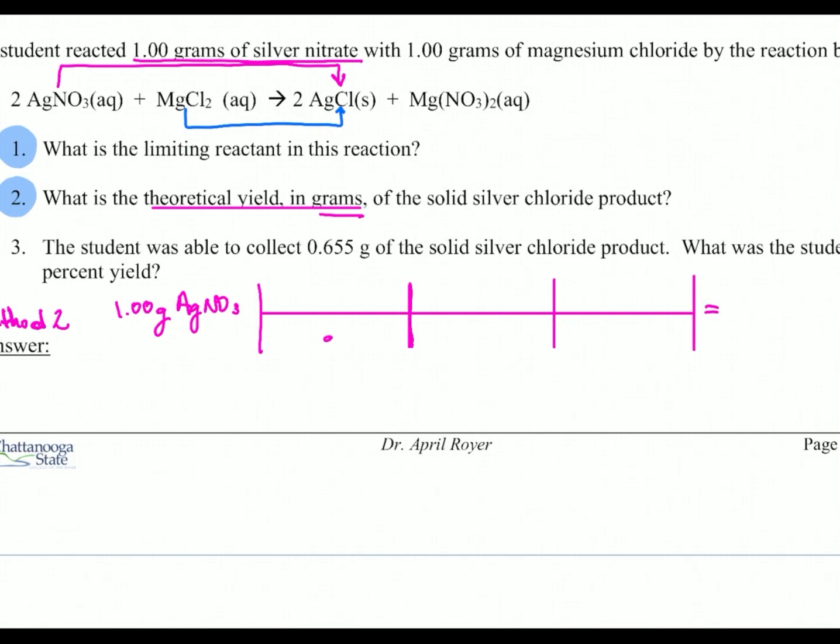So we're going to go from grams of AgNO3 per mole of AgNO3. We're going to go from moles of AgNO3 to moles of the product it asked about, which is AgCl. And then you're going to go from mole AgCl to grams AgCl.